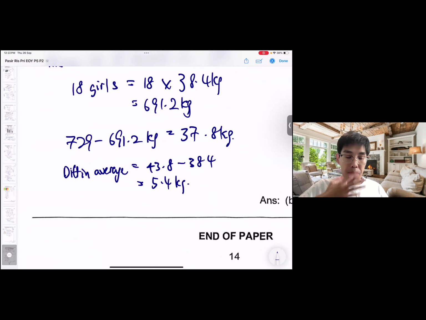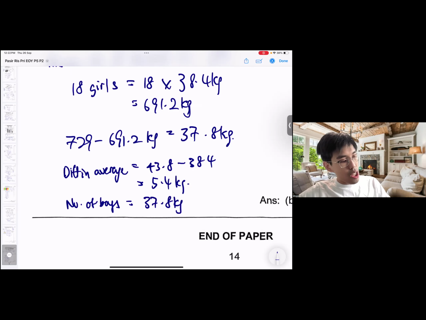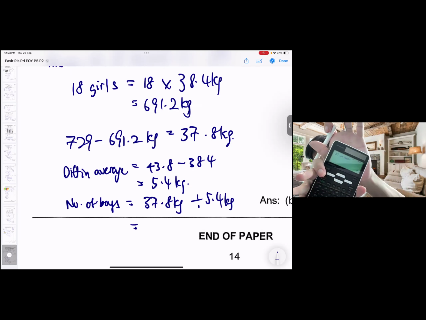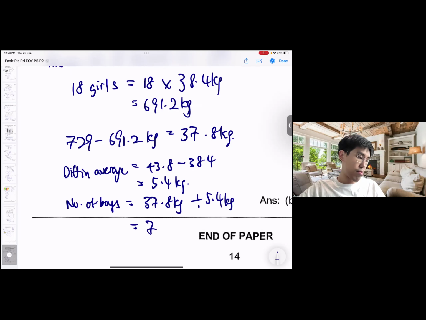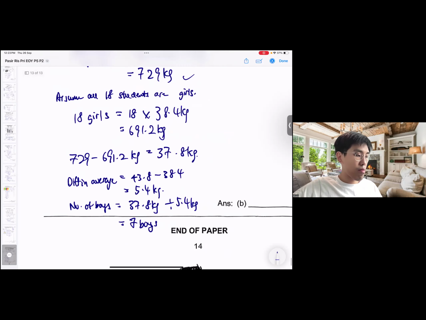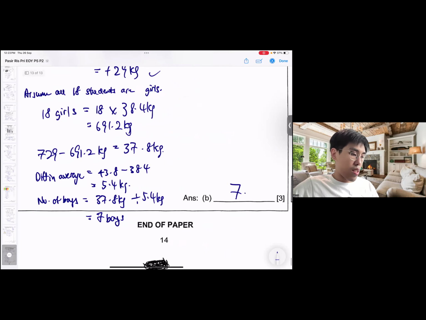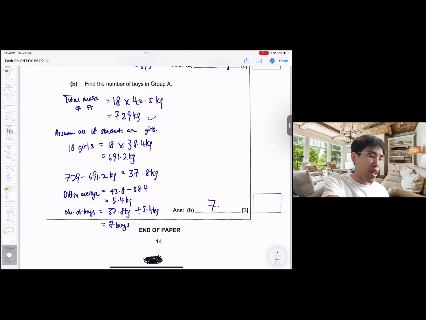For every guy that is added, the average will increase by 5.4, and all of these will add up to 37.8. So in order to find the number of boys, it will be 37.8 kg divided by 5.4 kg. Answer: 7. Seven boys in group A.